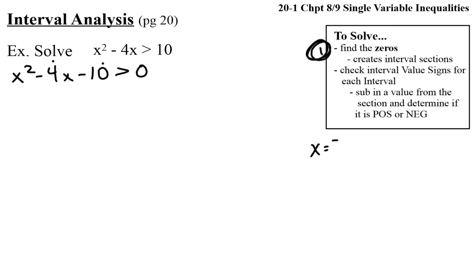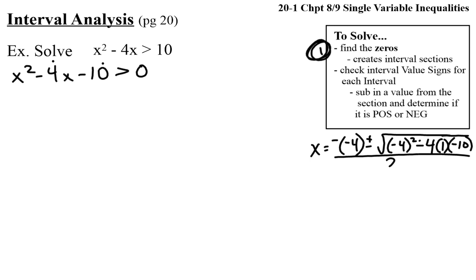-b, so a -4, plus or minus the square root of b squared, -4 squared, subtract 4 times a, which is 1, times c, which is -10, all over 2 times the a value, which is 1. This gives us x equal to 4 plus or minus root 56 over 2.